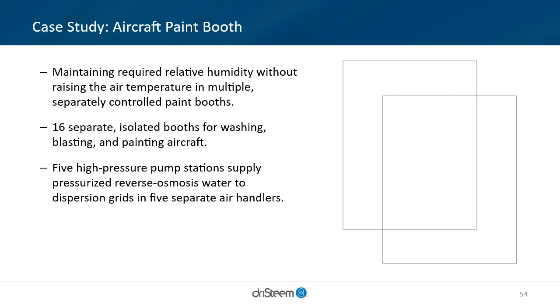This specific one was for an aircraft paint booth. From a quality perspective, they need to maintain relative humidity. In this specific instance, there were 16 separate booths for washing, blasting, and painting aircraft components, and we used 5 high-pressure stations.